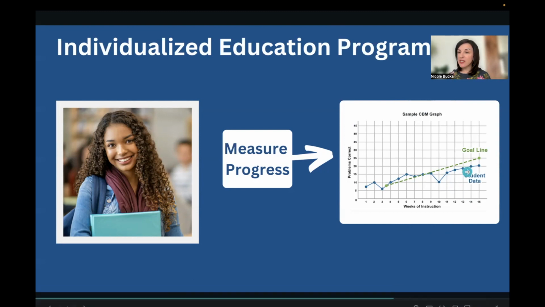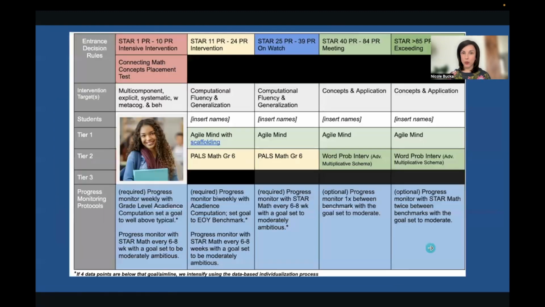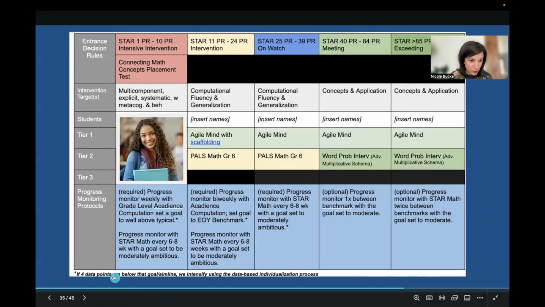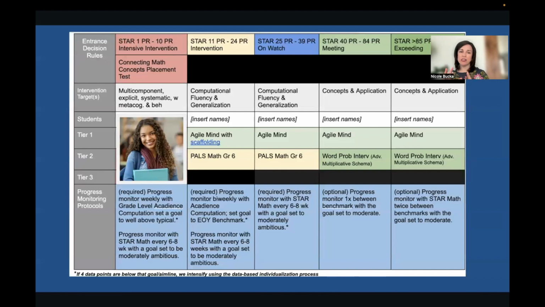And if we see that progress is not adequate, then we will hold a data-based individualization meeting. Remember down here? If 4 data points are below the goal line, we hold a data-based individualization meeting. So once again, you can see the IEP has many of its foundational pieces addressed in the map.